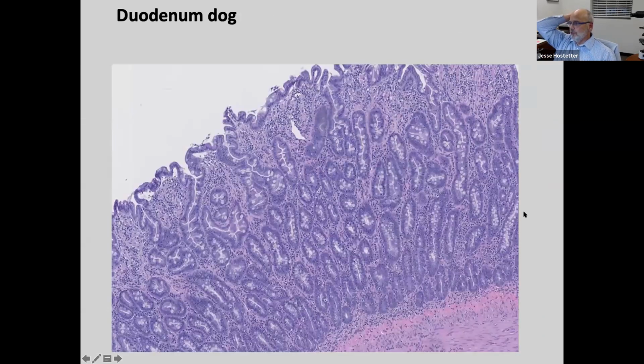This is duodenum from a dog. Name 2 changes. This one's harder. I go to a little higher mag.